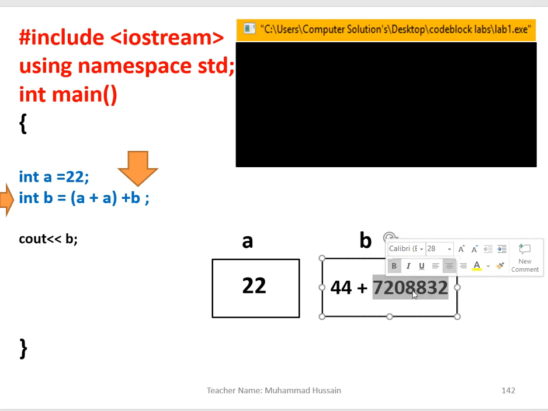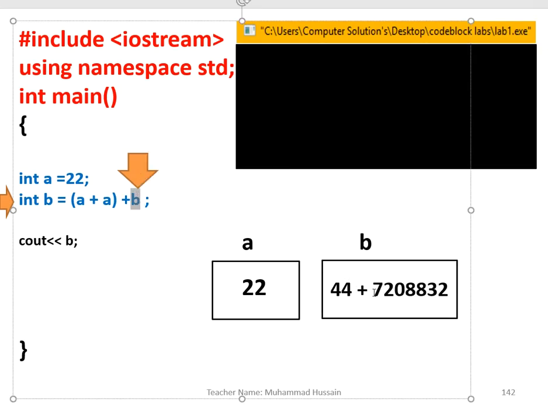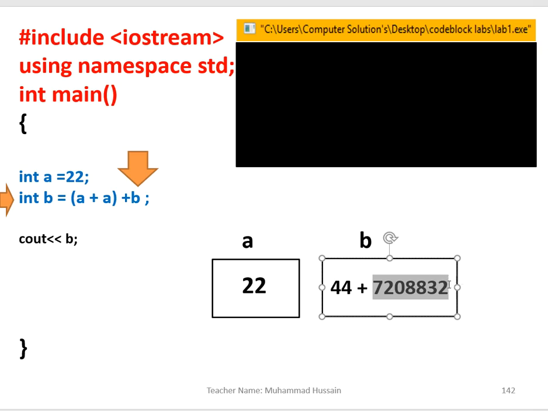This is the value given by the compiler. As I told you, the compiler has two options: one right now in Code::Blocks, and on the web it contains a default value. So the B value given by the compiler is any random number.